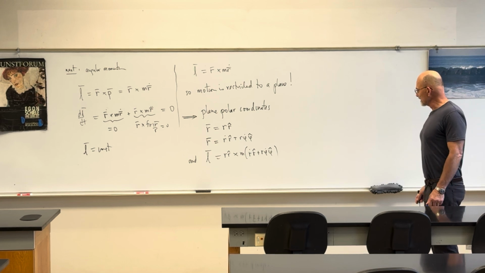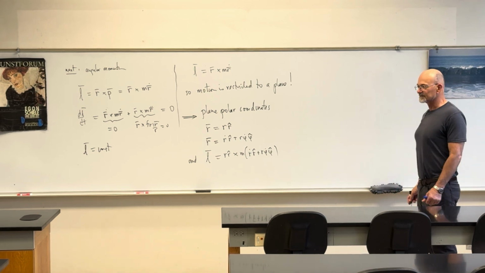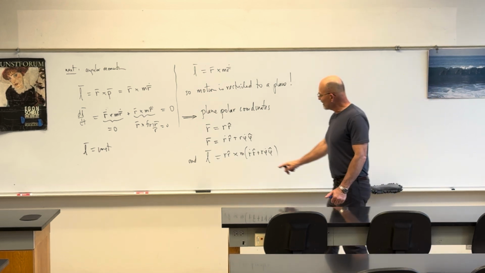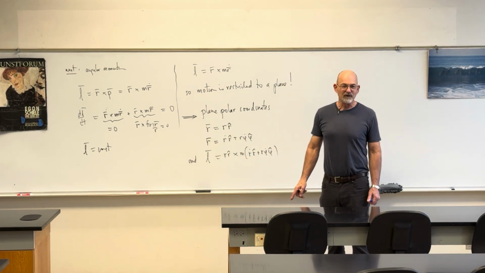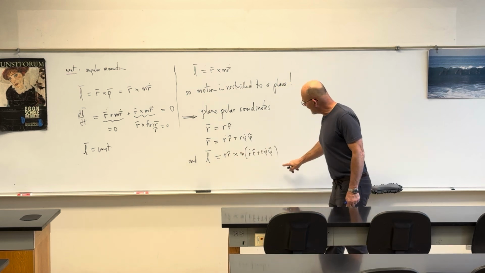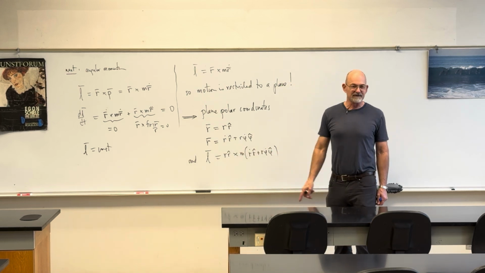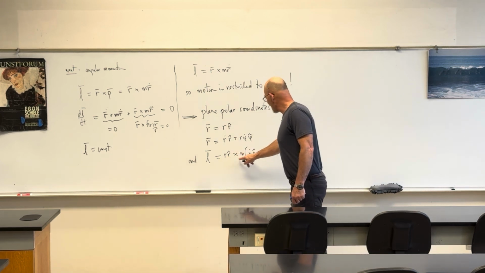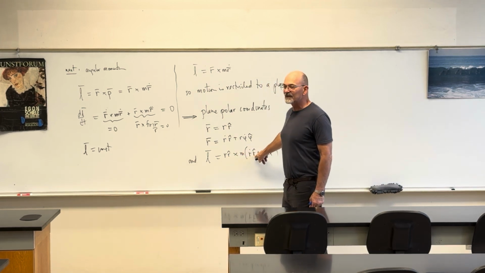Okay, let's write this down. You want to see where this is going? Remember, these r hat and phi hat seem kind of absurd, right? They're moving around, but they're unit vectors and they are orthogonal vectors. So the cross product of r hat and r hat is going to vanish.